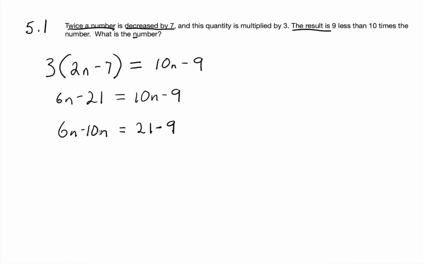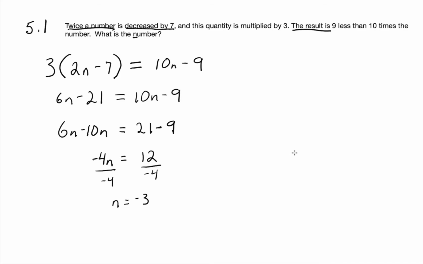It's positive here, so it'll be negative here. It's negative here, so it'll be positive here. Okay? So now we can simplify. 21 minus 9 is 12. Now we can divide. All right, so the number is -3.